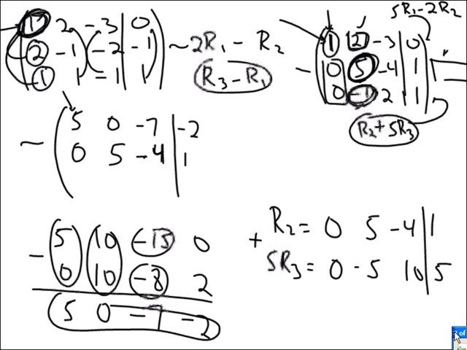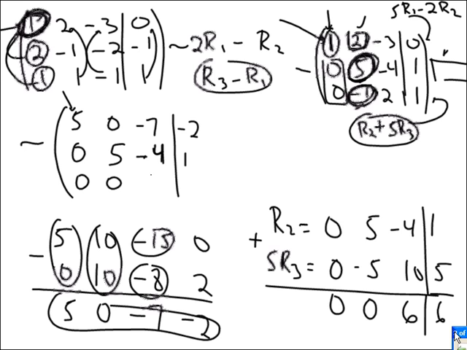Now I add 0 plus 0, 5 plus negative 5, negative 4 plus 10, 1 plus 5. 0, 0, 6, 6. Column number 2 is done.